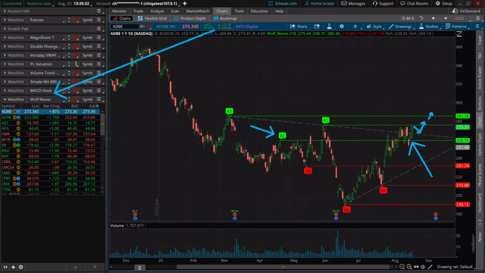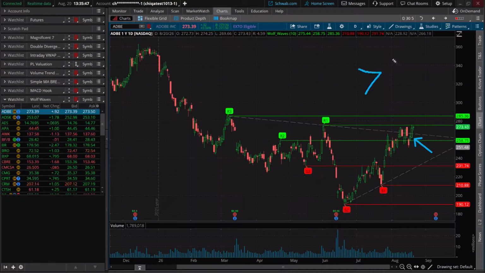Now, there's one thing that I did design in the scan, and that's this. It's got to be within the last 3 days, but it also has to be, I'm just going to draw this out, greater than the resistance level currently too.